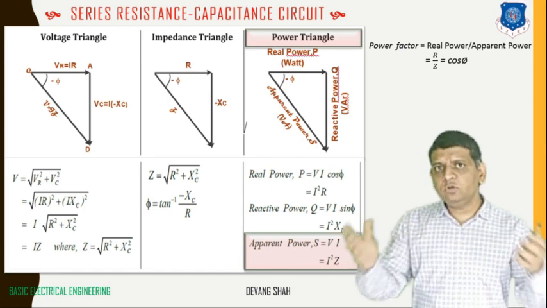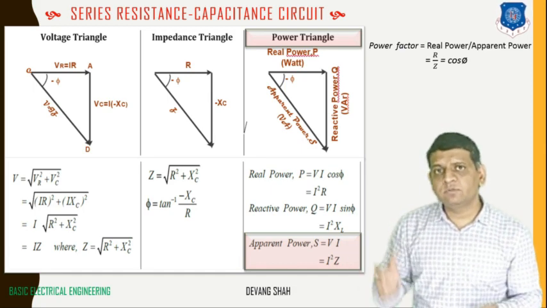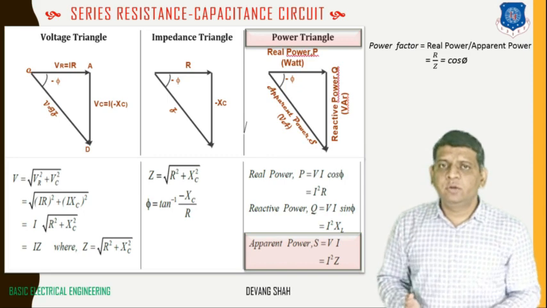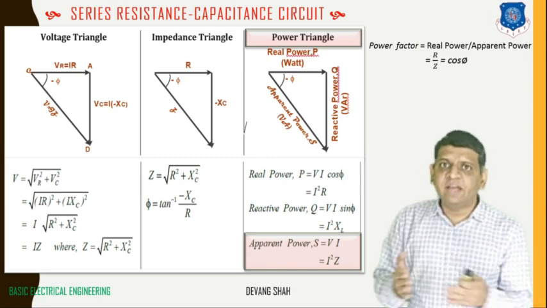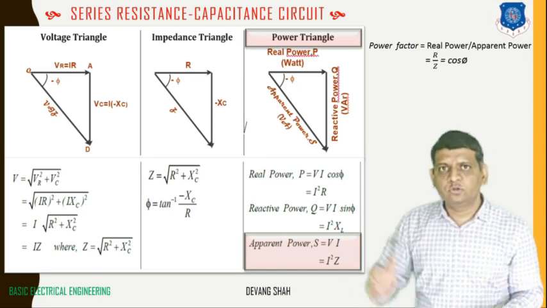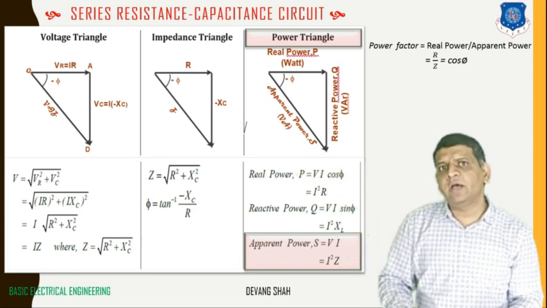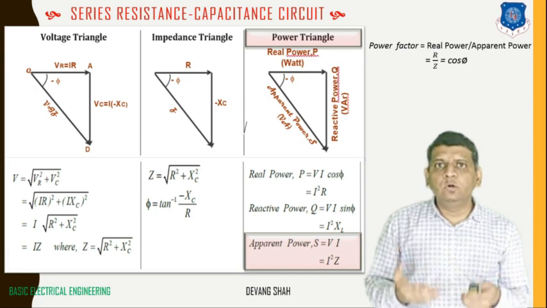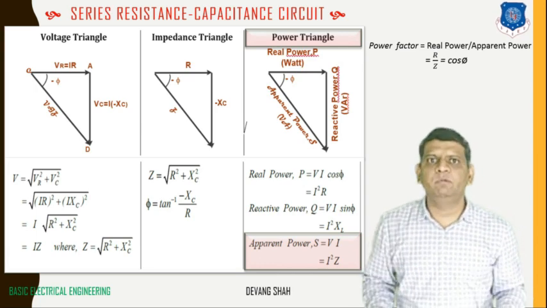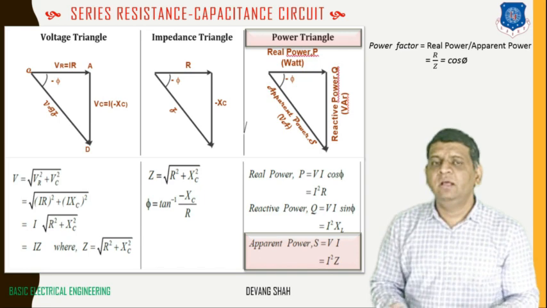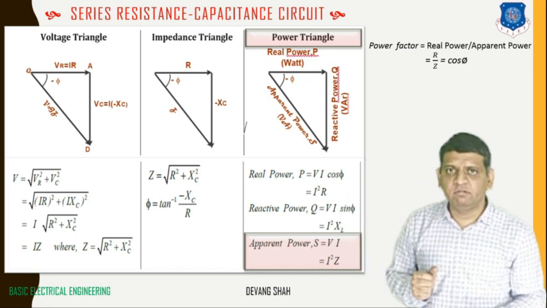But what about the circuit efficiency? So you can define circuit efficiency in terms of the power factor, and that power factor is nothing but cos phi. So from this power triangle, the power factor is equal to the ratio of real power to apparent power, that is equal to R by Z, that is equal to cos phi from this triangle, right?